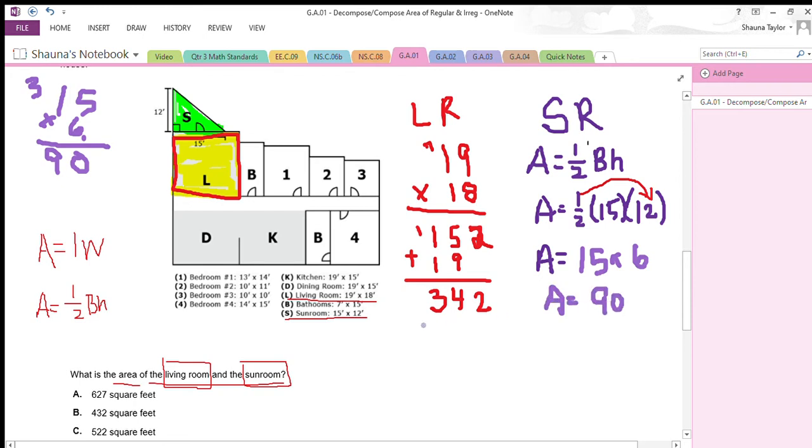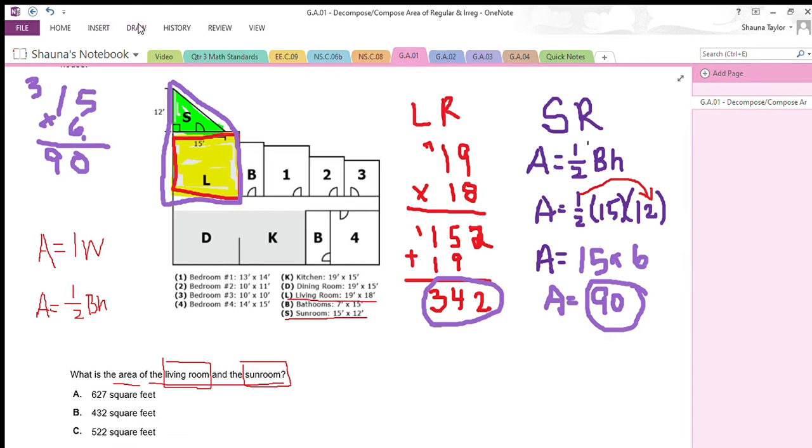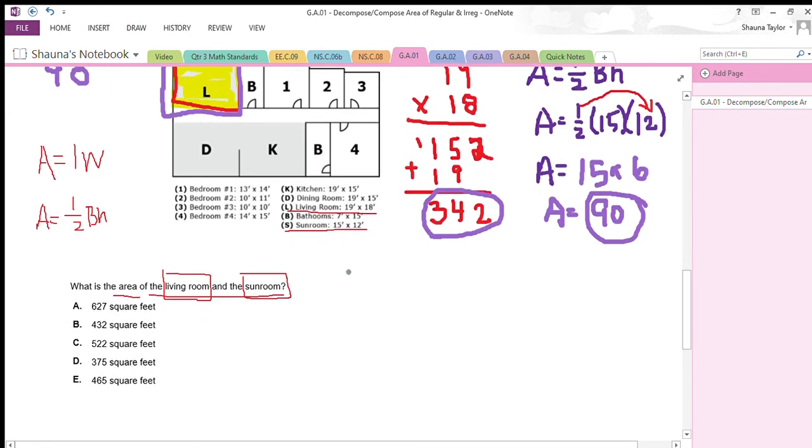Now I'm going to take my two numbers, the 342 and the 90, and add them together. So I have one big shape here. So I'm composing it. Let's figure this out. I'm going to get that 342 and that 90 and add them together. 2, 9 and 4 is 13.